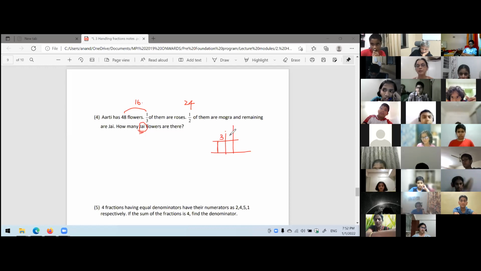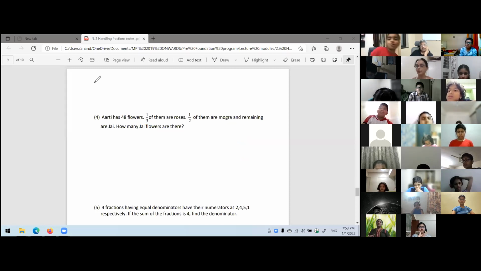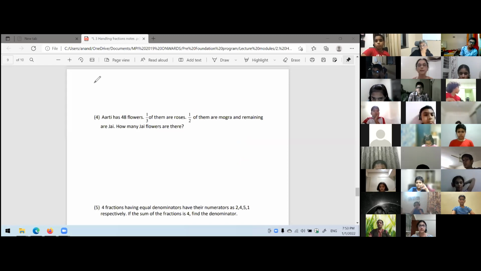So, how many extra pebbles? 10. Subtract it from 43, 33, and then divide 33 among all those 3, 11, 11, 11. So, this is 11, this is 14, and this is 11 plus 7. This method should come in your mind because we have already done one sum of this type. So you should not restrict yourself to what I'm talking. I'm giving you tools. You have to see how to apply this tool in that question, that tool in this question.